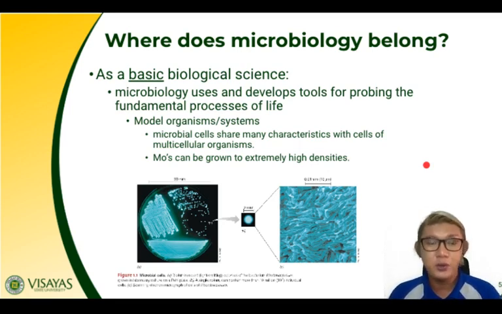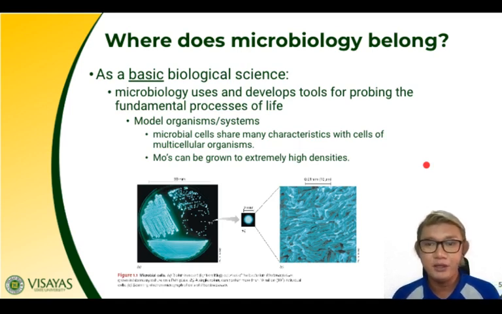In order for you to understand a whole wide range of bacteria, you don't need to study all of the species. So, you can use E. coli as a representative organism. This is because these organisms share many characteristics with cells, even those of multicellular organisms.